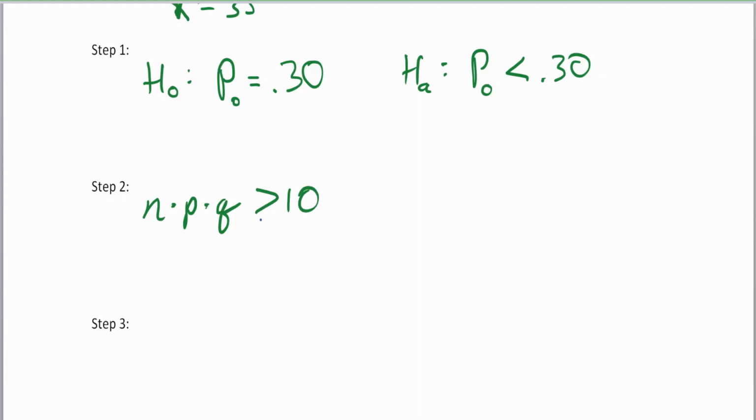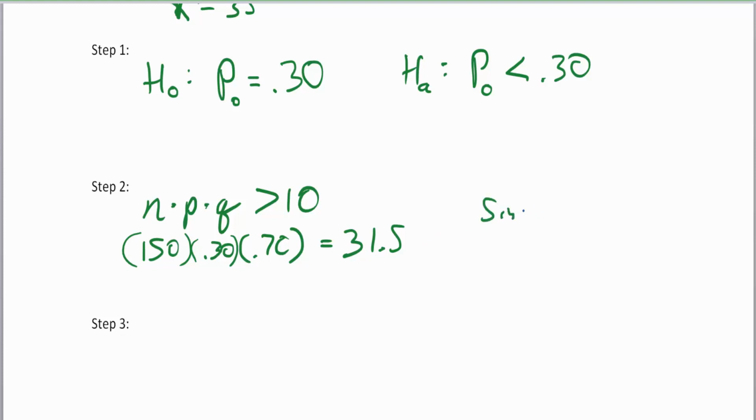This is one of the rules of thumb that you can use to assume normality. Now luckily we had a really big n. If that n isn't big, then this number may fail here. The probability of having 3 cell phones is just 30%, and that means q would be the complement, which is 70%. So 150 times 0.30 times 0.70 is 31.5, and that is greater than 10.